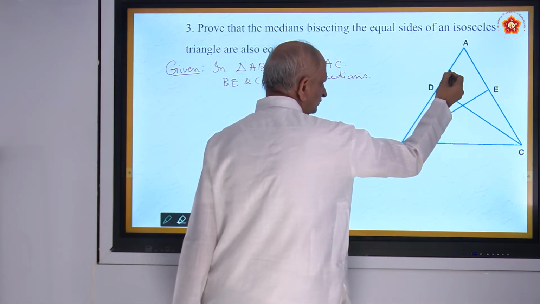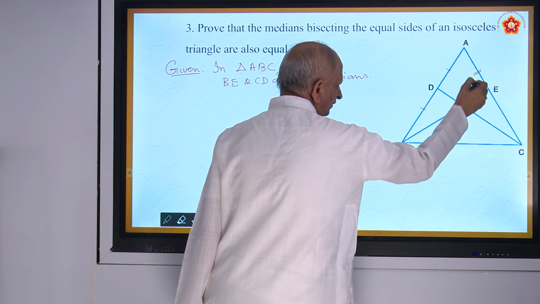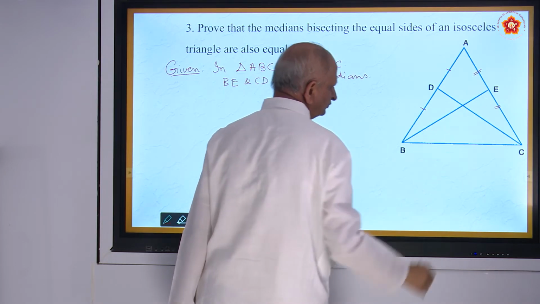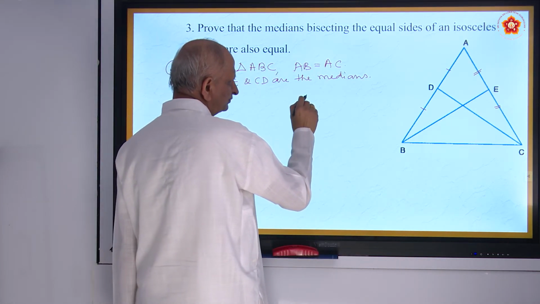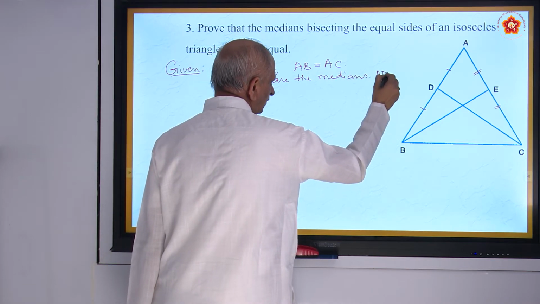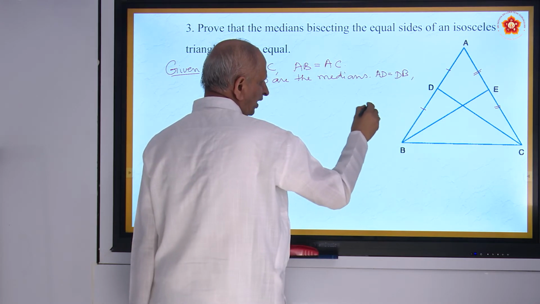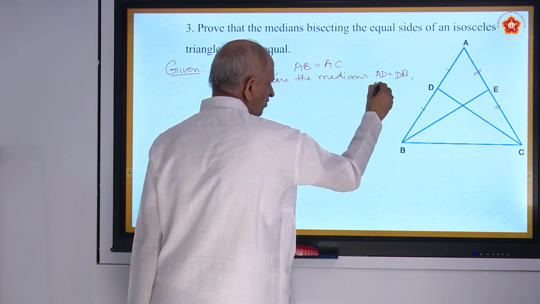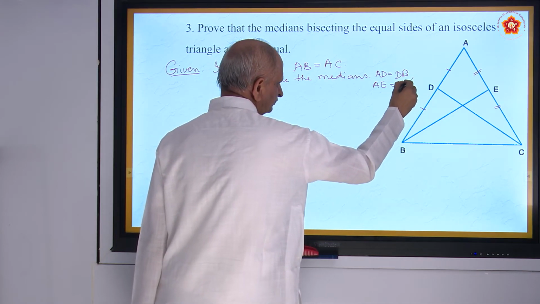Means what? These two sides are equal. Is it not? So, you can write it as AD is equal to DB and you have AE is equal to CE.